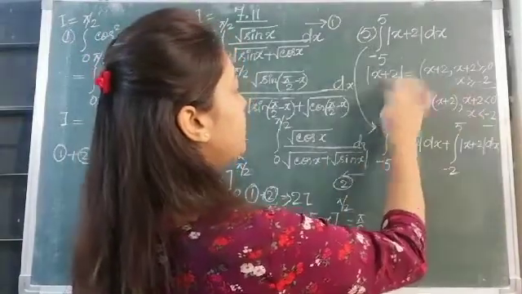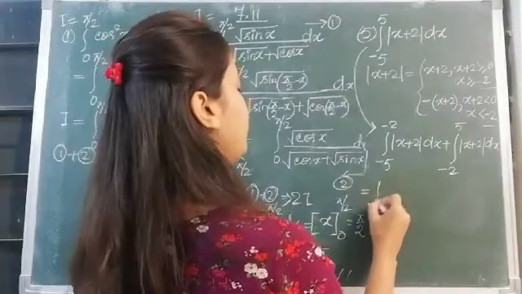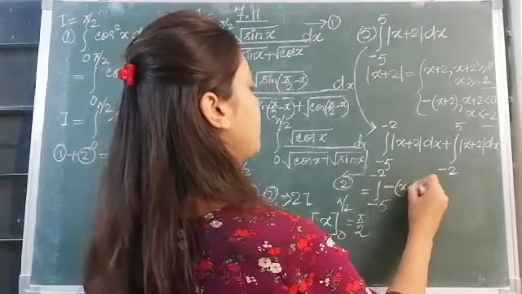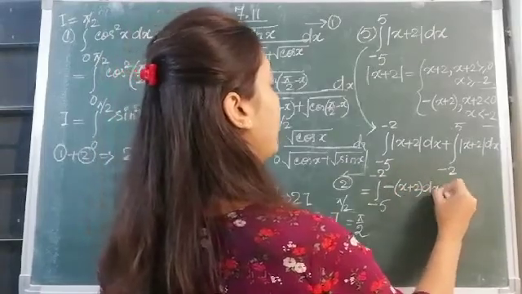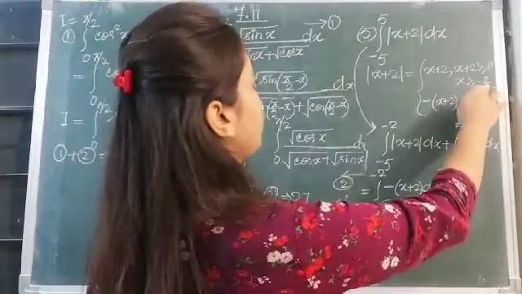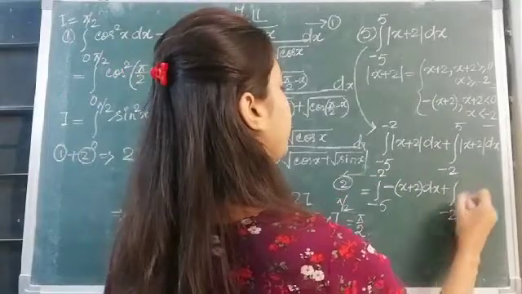For x less than minus 2, the value of the function is what? Minus of x plus 2. So minus 5 to minus 2 of minus of x plus 2 dx, and from minus 2 to 5, that is greater than minus 2, for x greater than or equal to minus 2, the value of the function is x plus 2 dx.